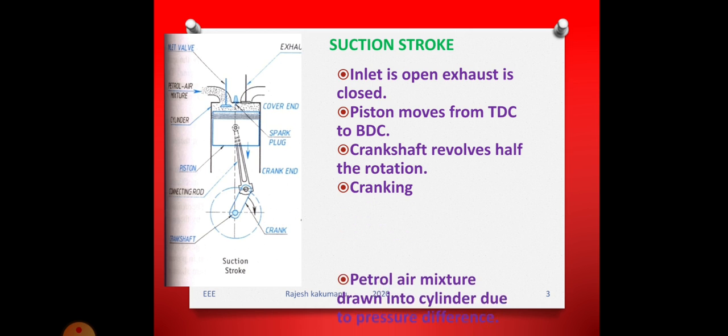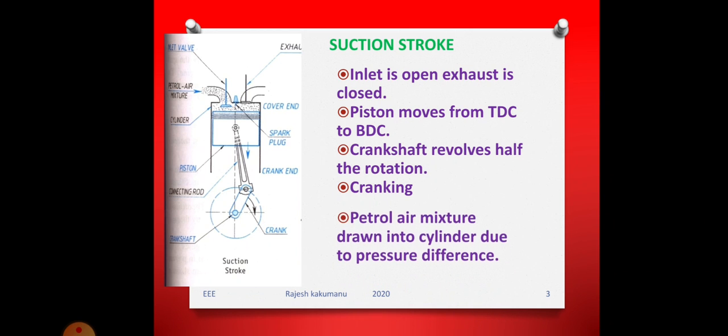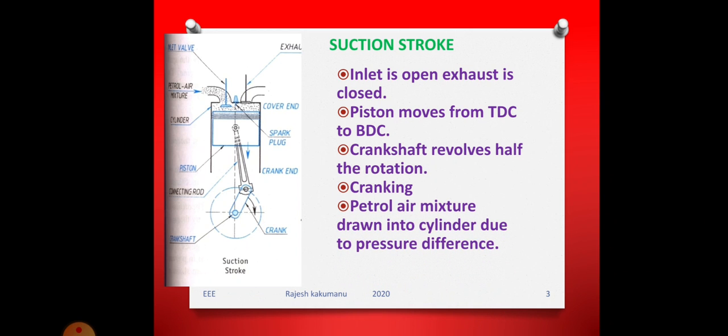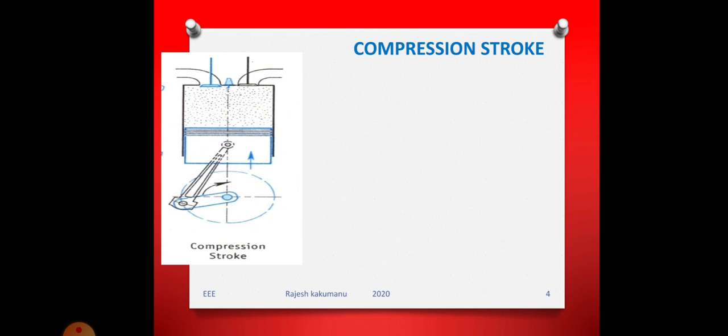The petrol and air mixture is drawn into the cylinder due to the pressure difference. Whenever the piston moves up and down in the cylinder, a pressure difference takes place, and the mixture is drawn into the cylinder space. That is what happens in the suction stroke, the first stroke.